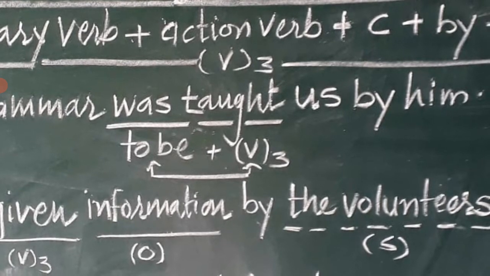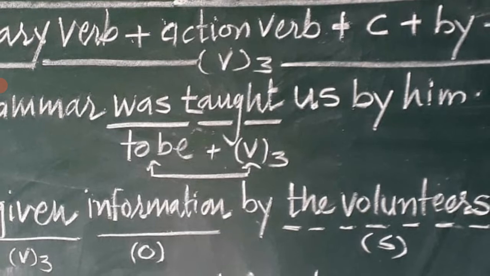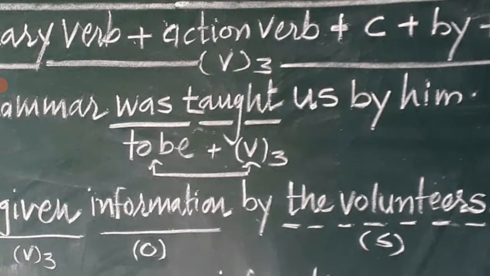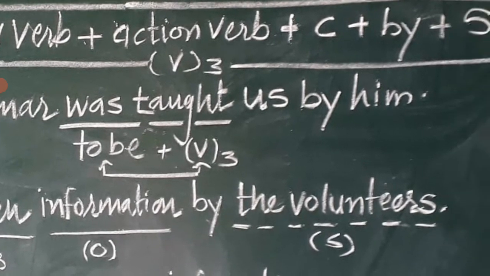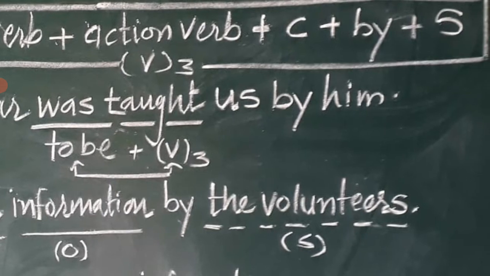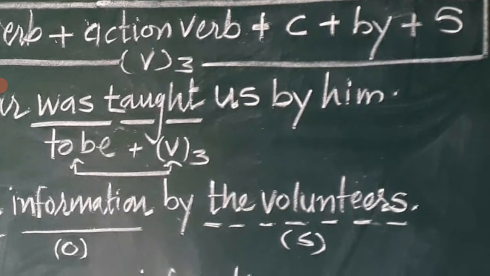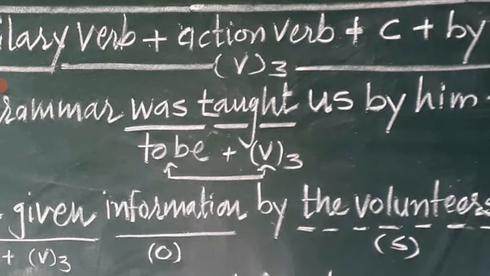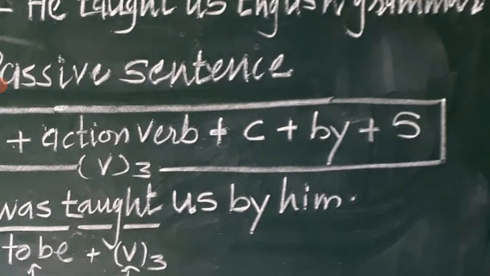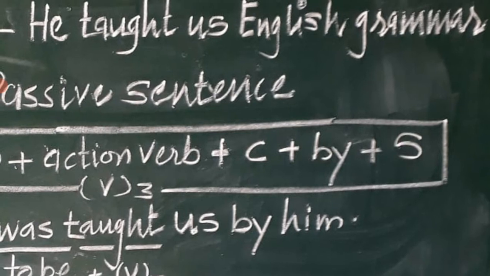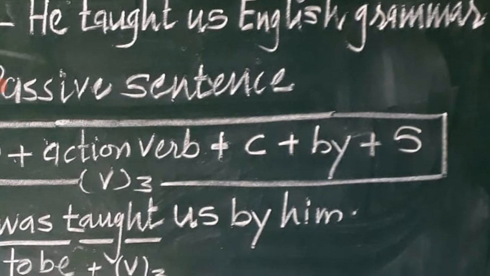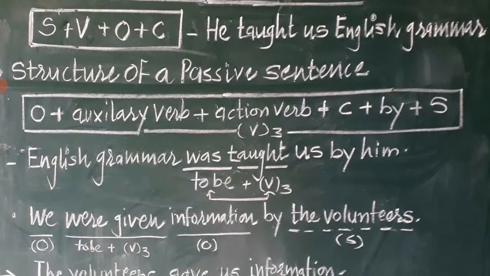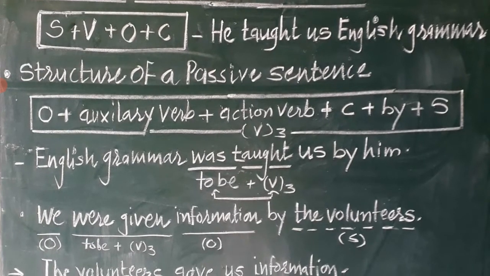To be plus V3, this is the combination for passive structure. Afterwards, the next object, that is us, and finally the subject is associated with by. Originally the subject is he, now here it is converted into him. So, this is how we can convert any sentence in active structure into a passive one.